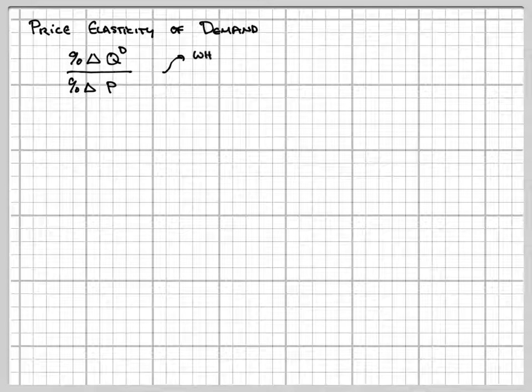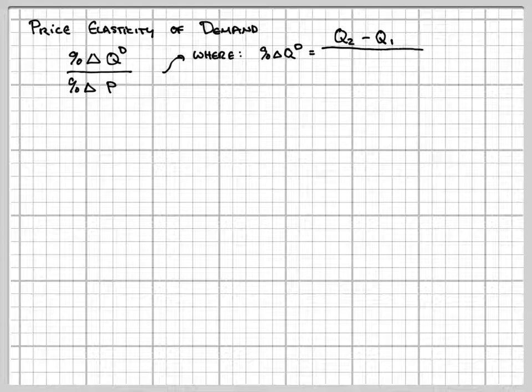So where the percentage change in quantity demanded is equal to Q2 minus Q1, where Q2 and Q1 are two different points on the demand curve, divided by the average of Q2 and Q1.